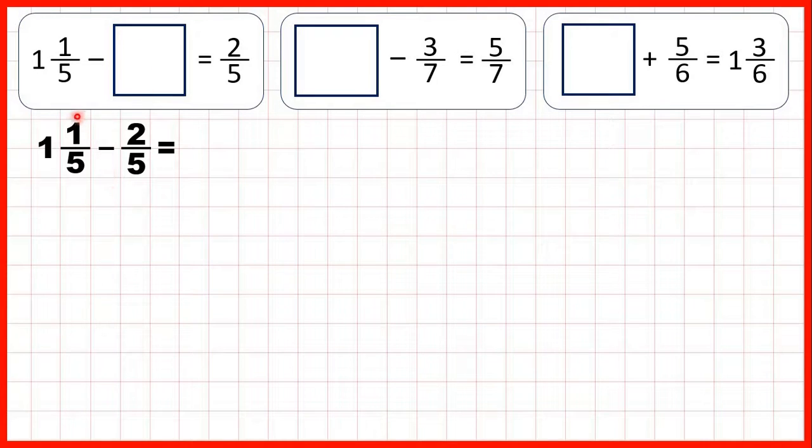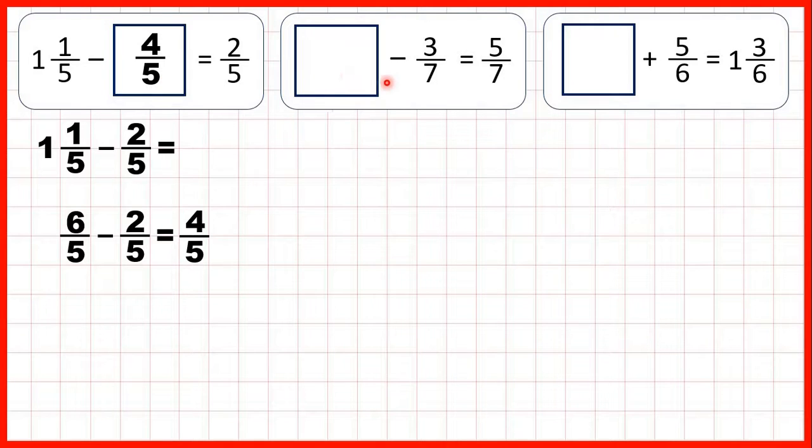But if we only have 1/5, we can't take 2/5 away. So we need to change 1 and 1/5 to an improper fraction. That's 6/5, because 1 times 5 is 5, plus 1 is 6, and the denominator stays the same. So now we can subtract 2/5, the denominator stays the same, and 6 minus 2 is 4. So our missing fraction is 4/5.